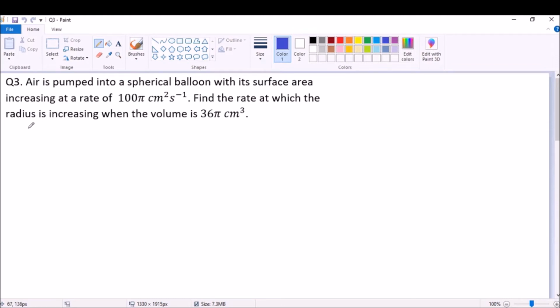So we are given dS over dt as 100 pi cm squared per second when the volume is 36 pi cm cubed. Find dr over dt.